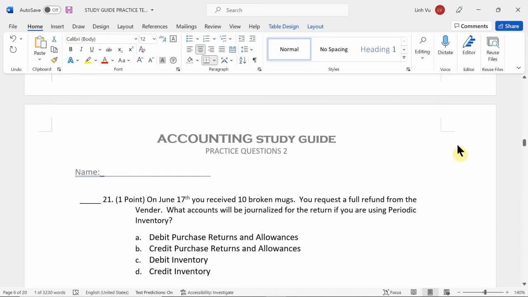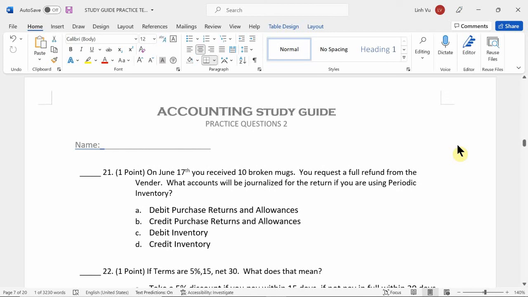Then question number 21 on June 17 asks: if you received 10 broken mugs and you request a full refund from the vendor, what account will you be journalizing for the return if you are using periodic inventory?